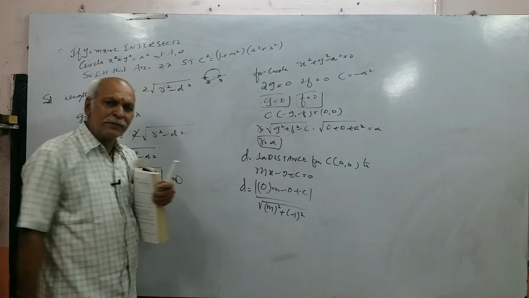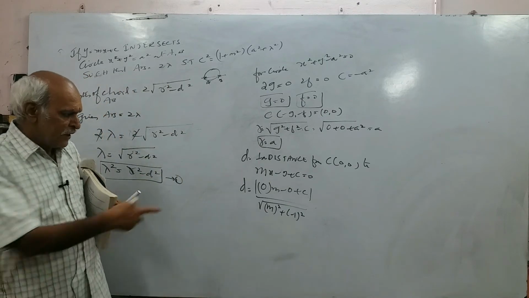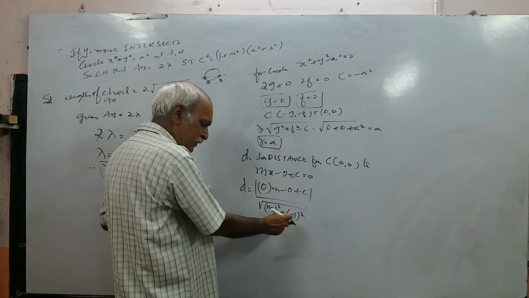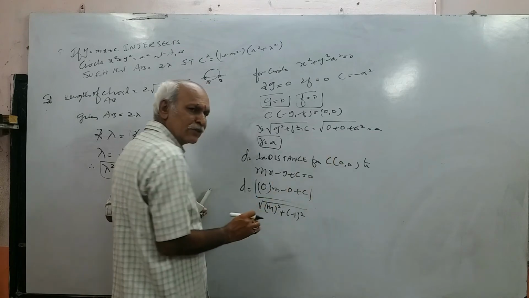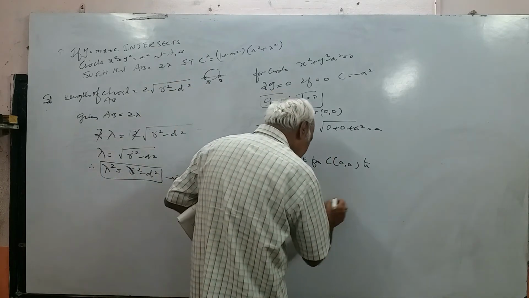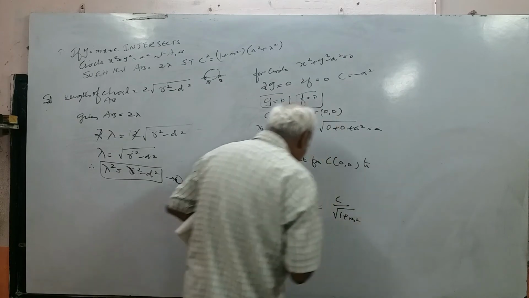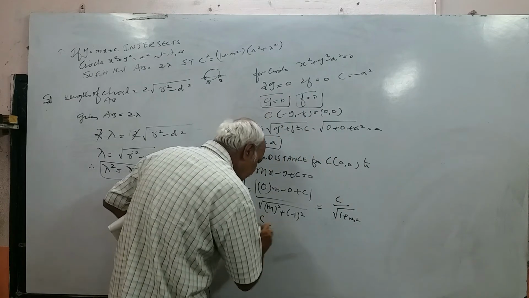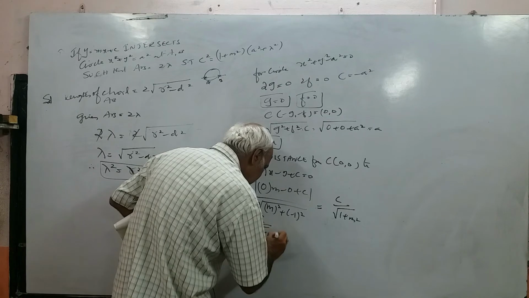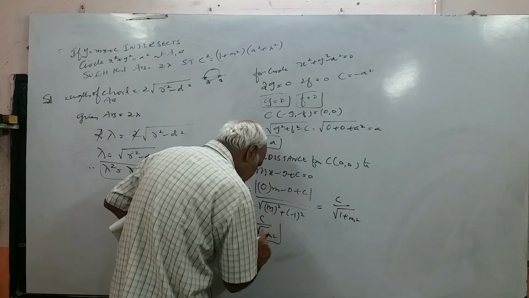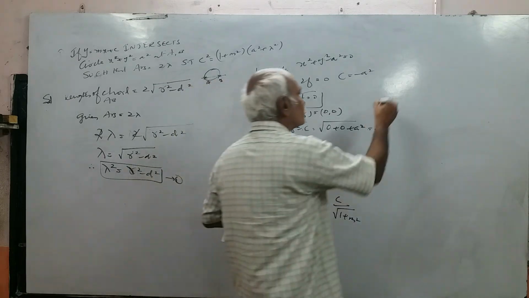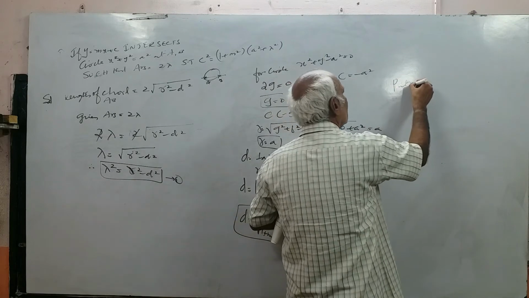We know the formula ax1 plus by1 plus c by root of a square plus b square. With x1, y1 as 0 comma 0, this becomes c by root of 1 plus m square.